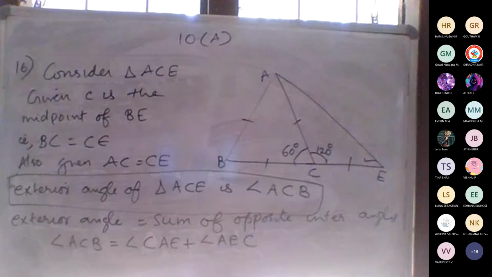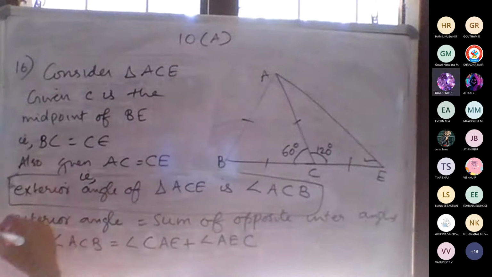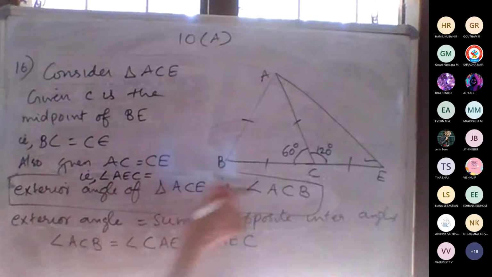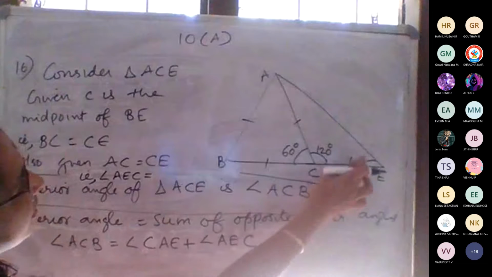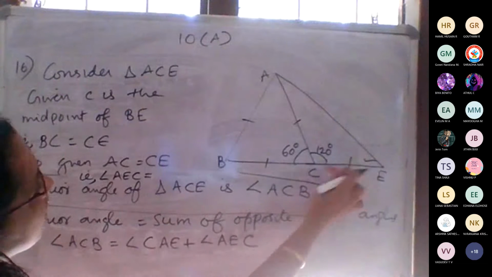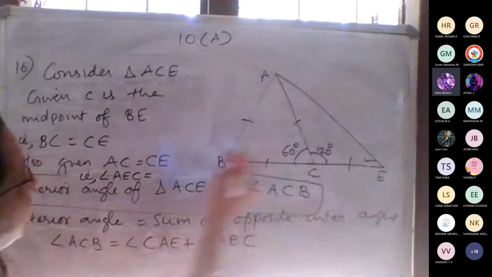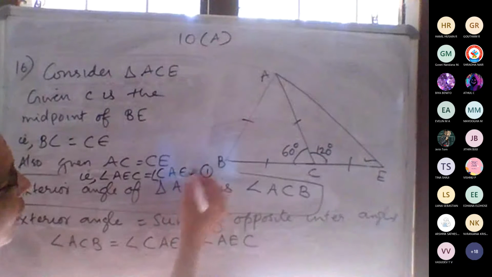Since AC is equal to CE, from here itself you can write, angle AEC is equal to angle CAE. Let it be equation number 1.